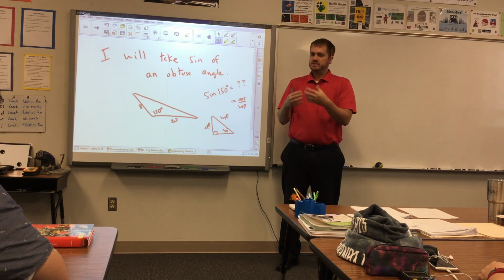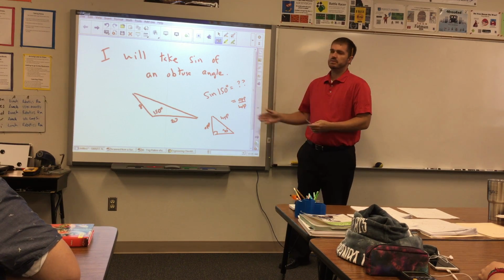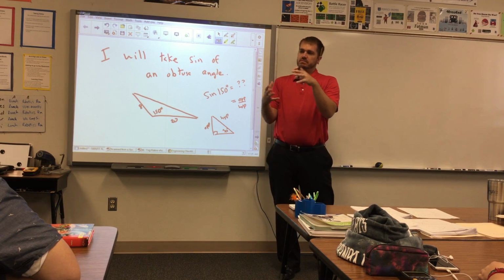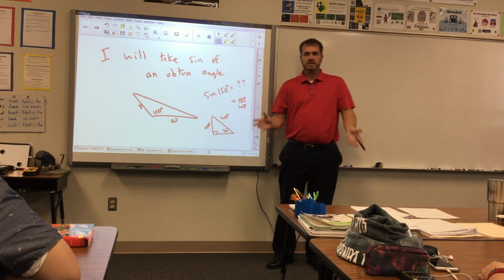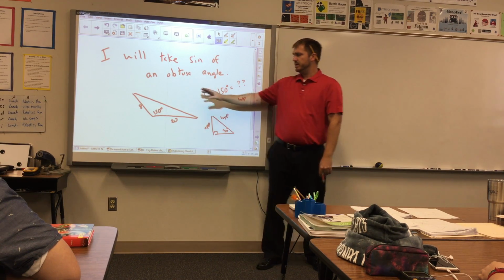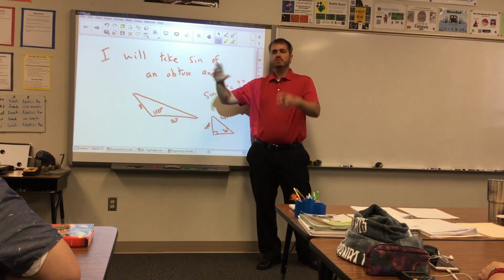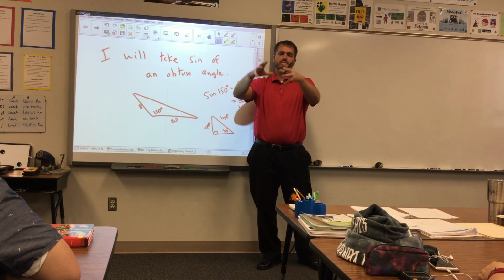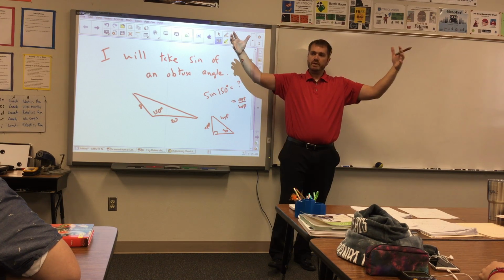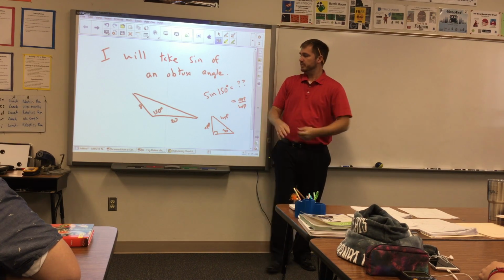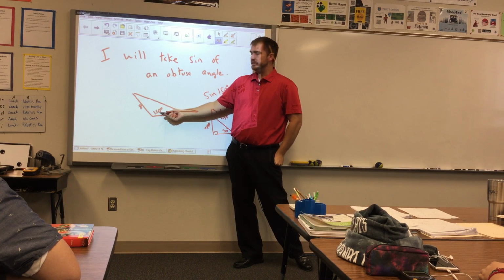When I say what's the sine, and you say the opposite over the hypotenuse, that's only dealing with right triangles. That eliminates the possibility of having an obtuse angle. So what we need to do is broaden our definition of sine, cosine, and tangent. We need definitions that will include the ability to take the sine, cosine, tangent of 150.